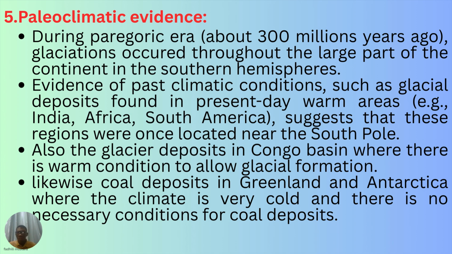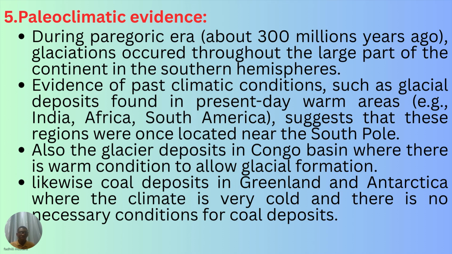So when you trace back to the previous video where we talked about the causes of continental drift, there is one cause that explains the movement of the continents. As it said, Pangaea originated near the South Pole, and this evidence gives us the same idea, that the glaciation was once formed in the continents around the southern hemisphere.